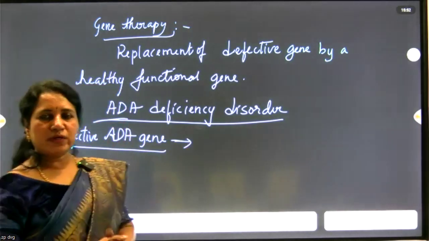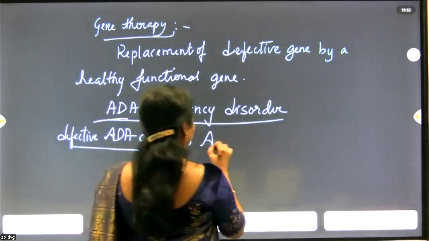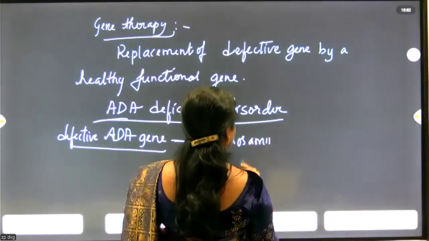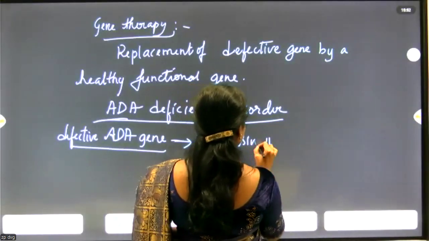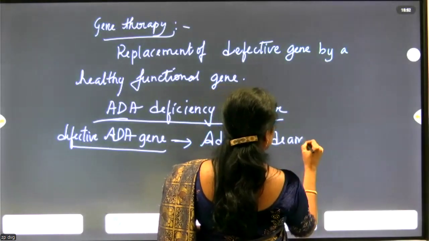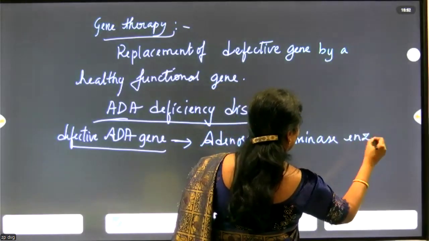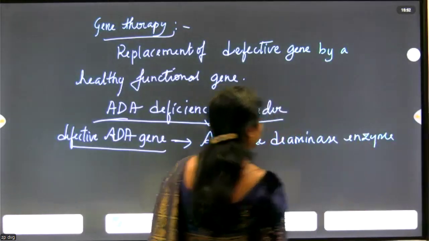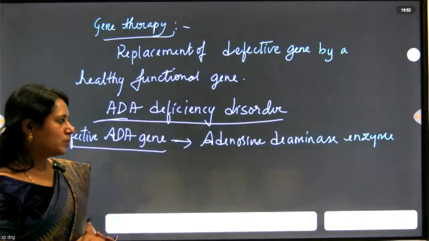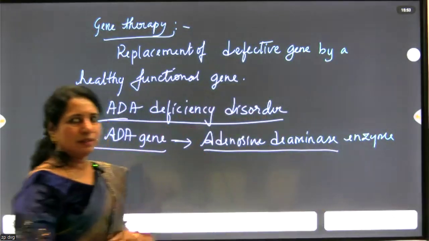Because of this defective ADA gene, production of the adenosine deaminase enzyme is not possible. So the adenosine deaminase enzyme is not produced in that patient's body.